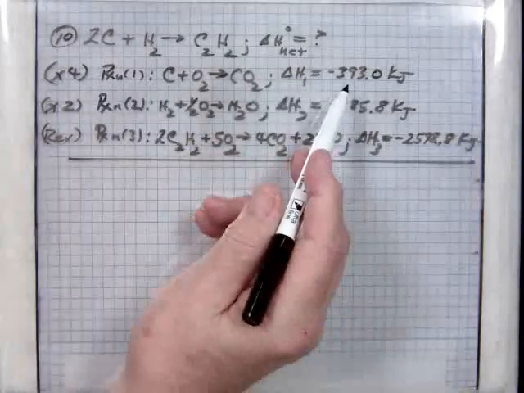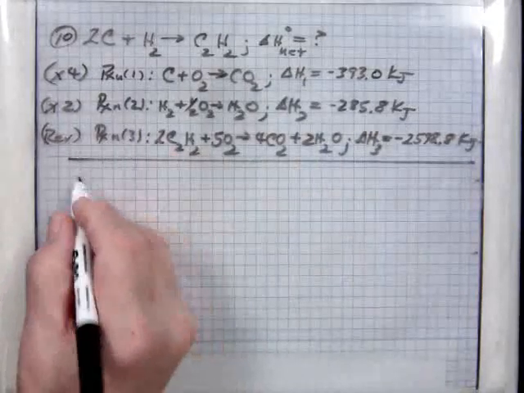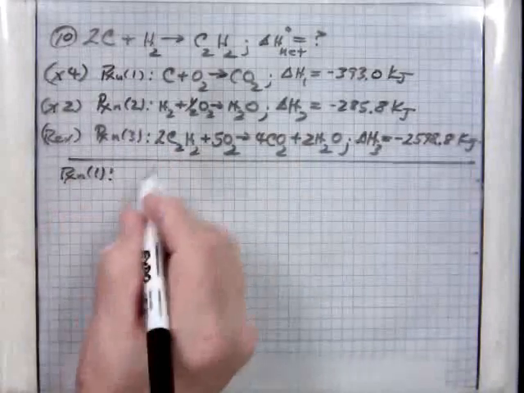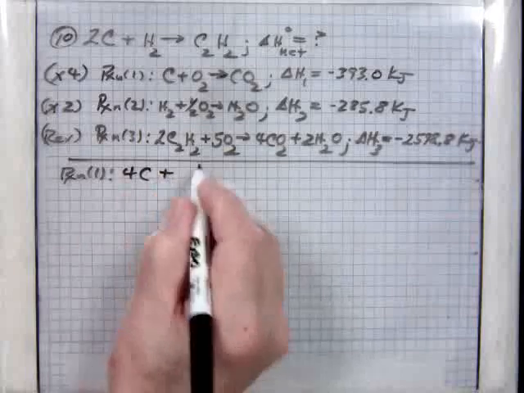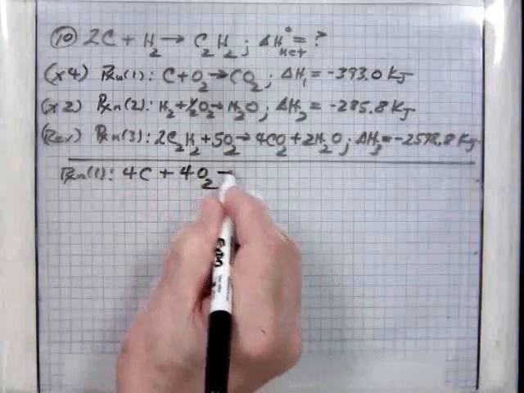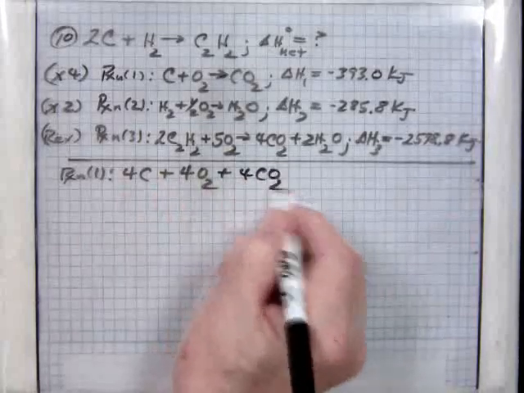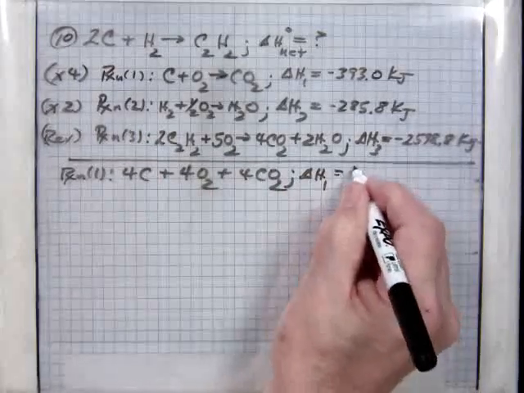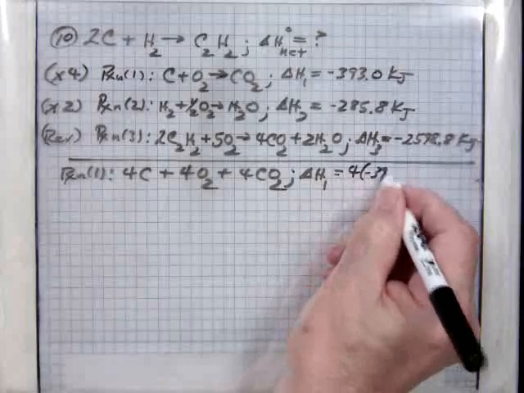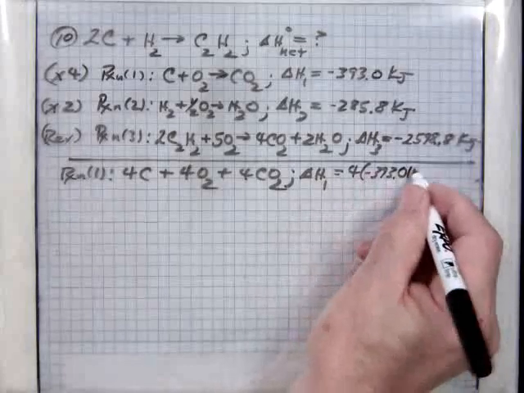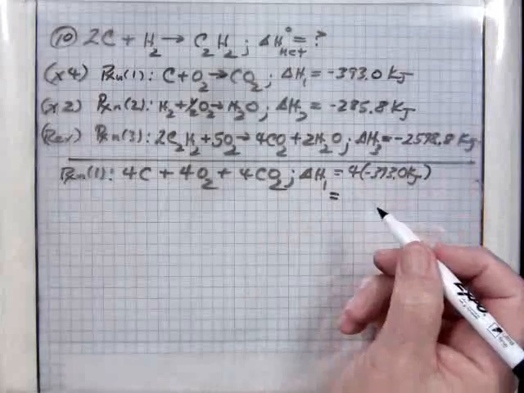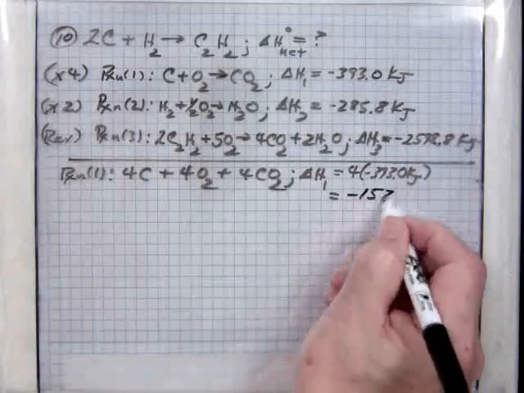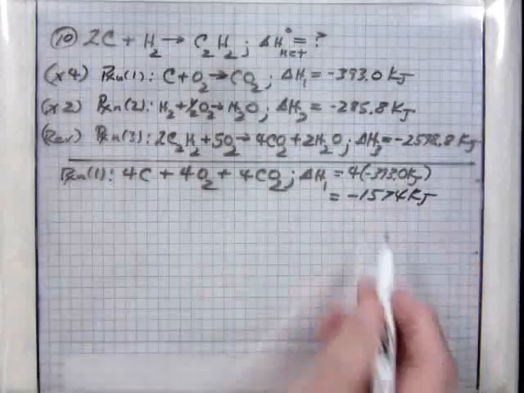Okay, so the first one, multiplying by 4, reaction 1 now becomes 4 carbons plus 4 O2s goes to 4 CO2s, and the energy value, delta H1 now becomes 4 times a minus 393.5 kilojoules, and that is minus 1574 kilojoules for reaction 1.